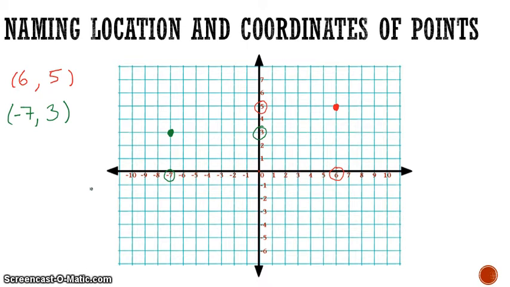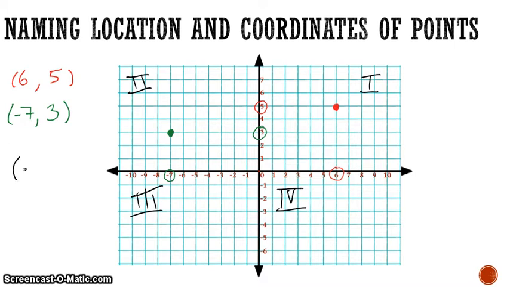Now, one last thing I want to show you how to do is if I just gave you a coordinate without even plotting it, would you be able to tell me where it belongs, in which quadrant? Remember, this is first, second, third, fourth. Those are my quadrants.